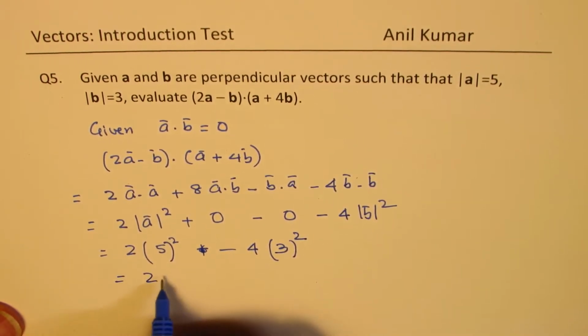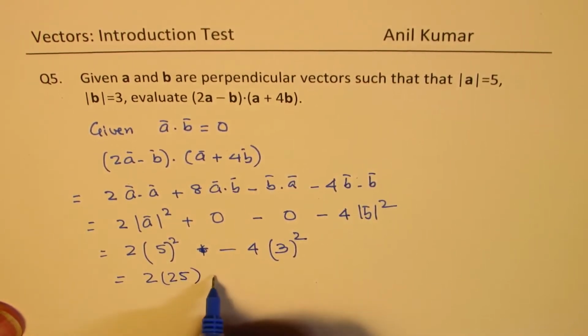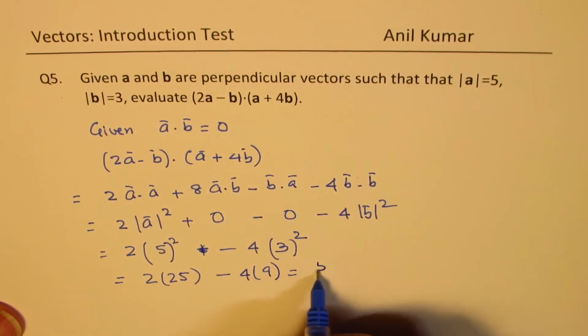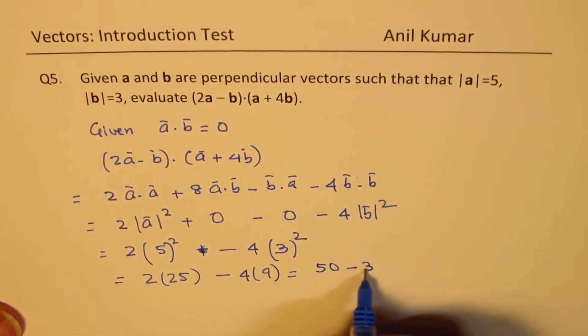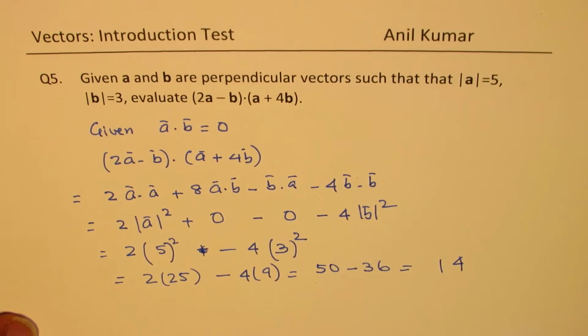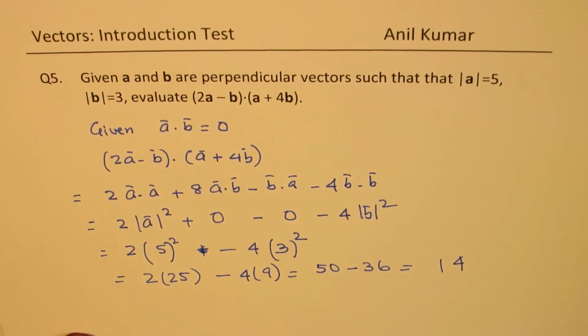So we get 2 times 25 minus 4 times 9, which is 50 minus 36. So we get 14. So that is the answer, correct?